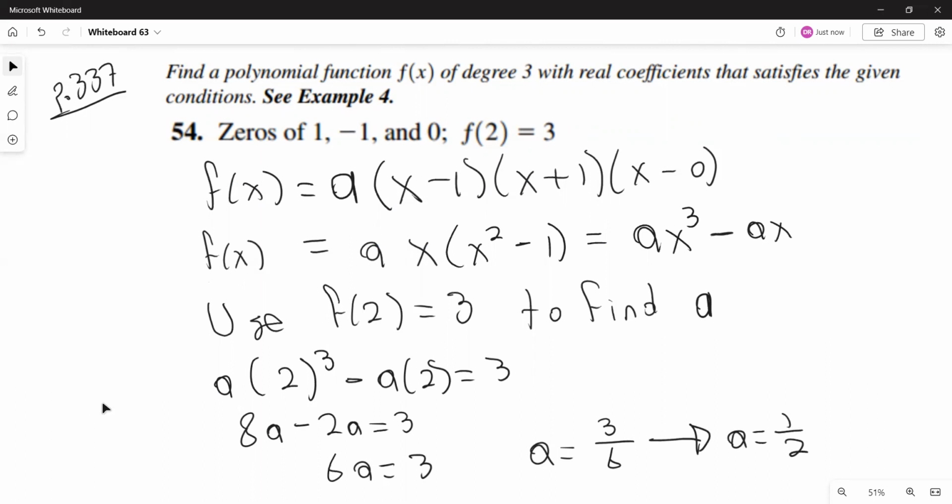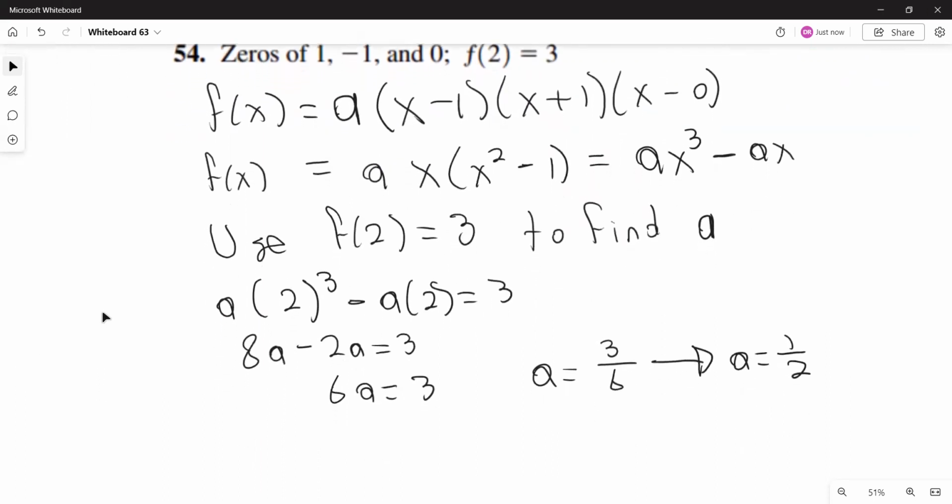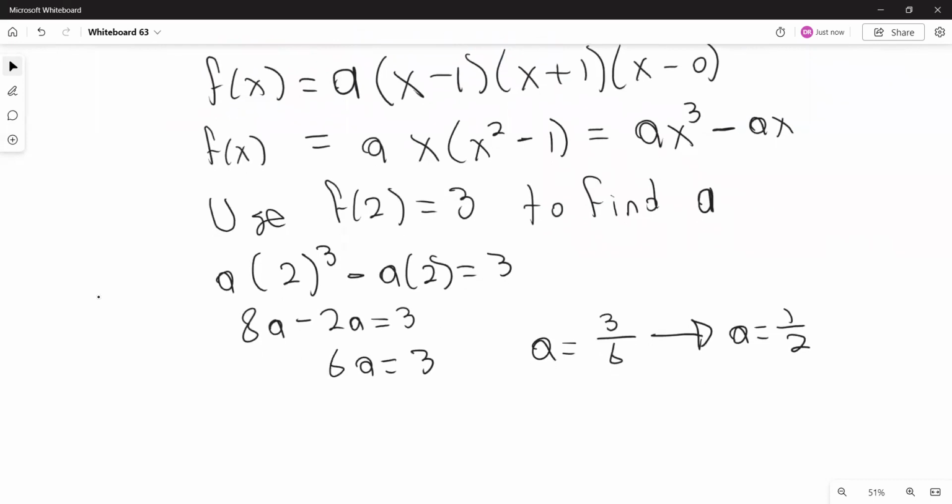Okay, so that's going to be our polynomial function. So don't keep it in factor form because my MATLAB is not going to accept the answer. The polynomial function of third degree with those conditions is 1/2 x cubed minus 1/2 x.